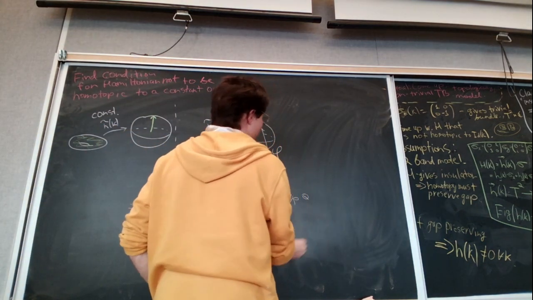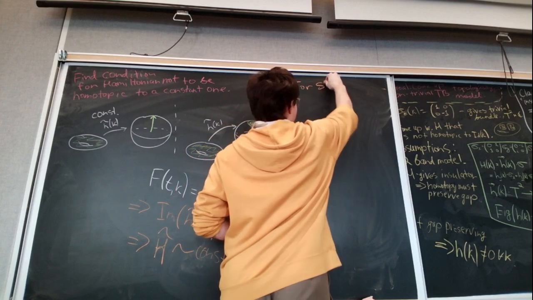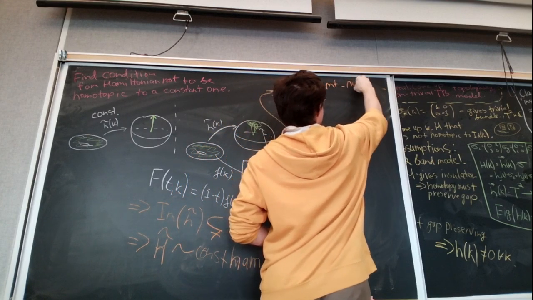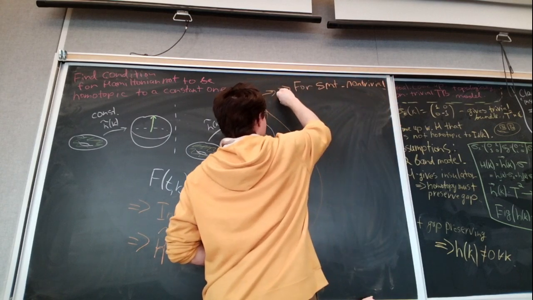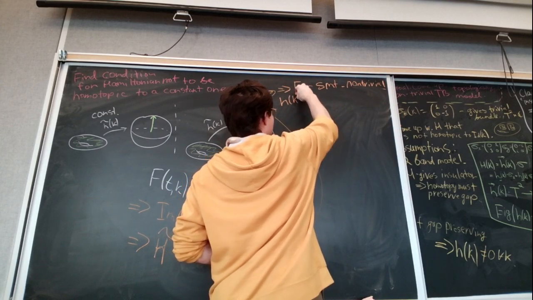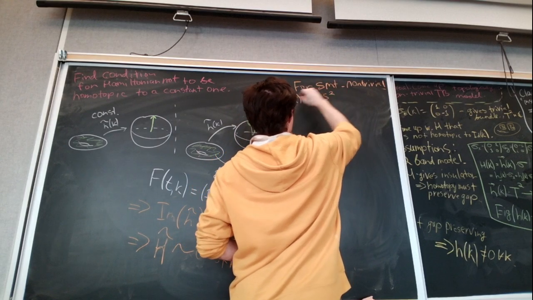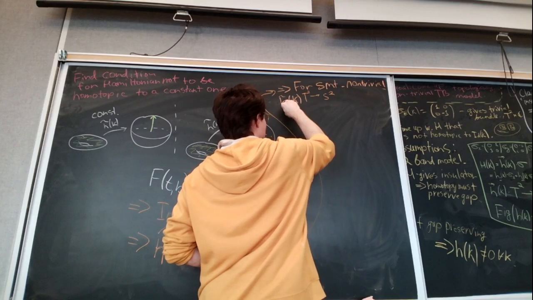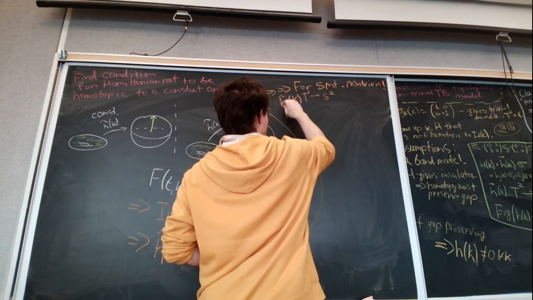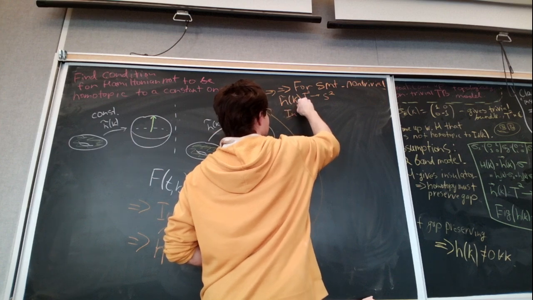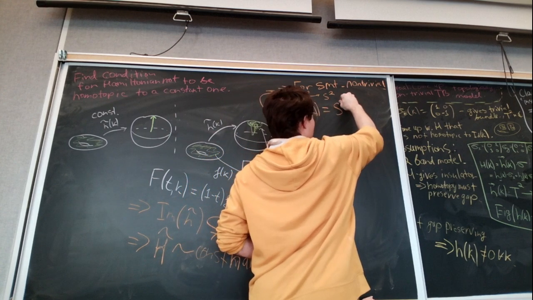So I want what? For something non-trivial to happen, I want h of k from the torus to S2 to be such that the image of this map be the whole sphere.